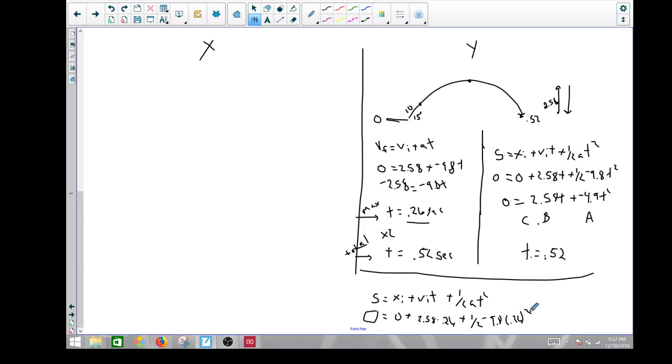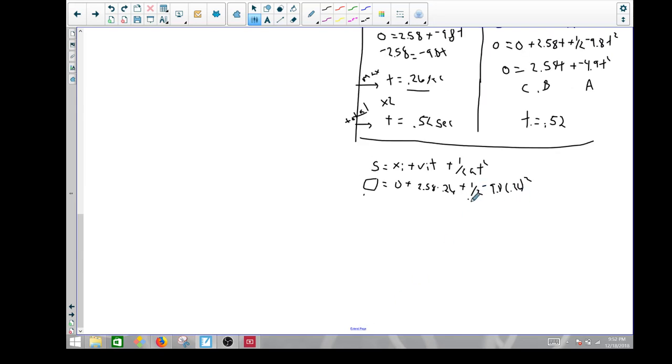Do the one value, the next 0.26 squared times 9.8 times 0.5, and negative 0.33. Let's give myself a little more room here. This component is negative 0.33. The other one, 0.26 times 2.58 equals 0.67. All right, so not much here.